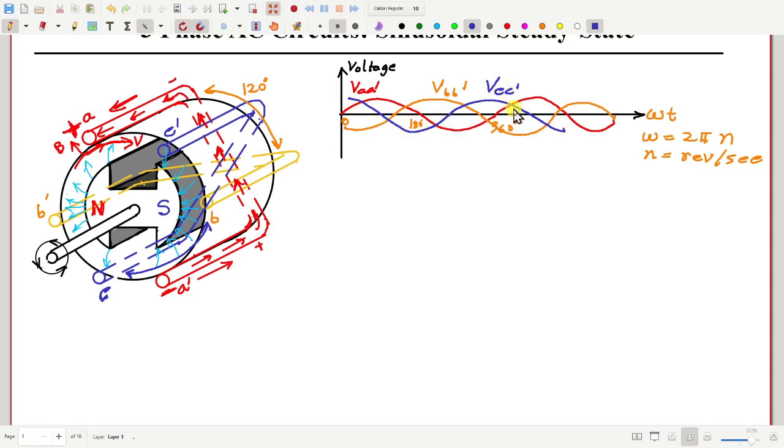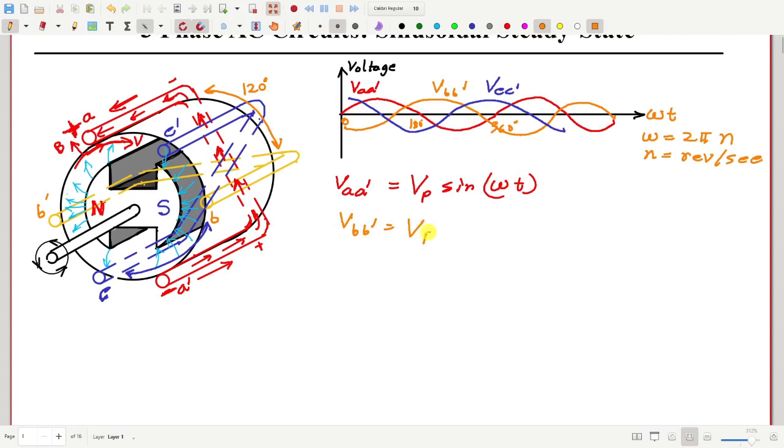So in this way, we have three voltages induced. Okay, so if I call V_AA' equal to say V_P multiplied by sine omega t, then what will be V_BB'?